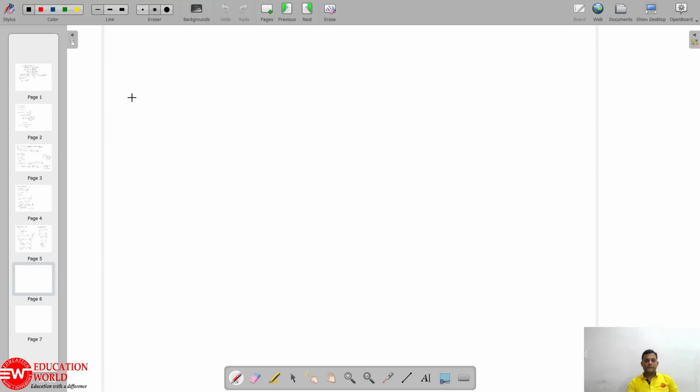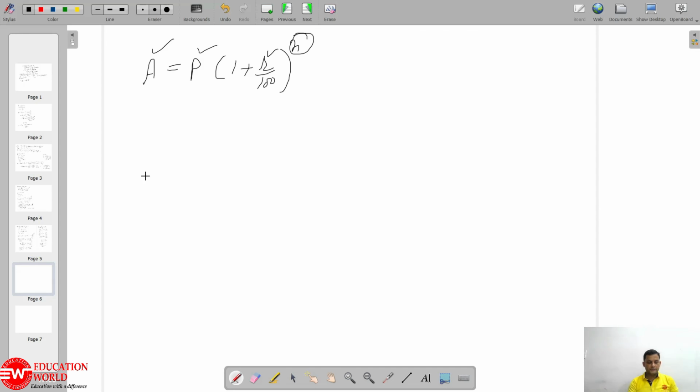So see what we have done till now. We have found the amount when other values are given. We have found P when other values are given. Now we have found R when other values are given. Now what is left out? Time. So when these three are given, we have to find the time. So let us do it.